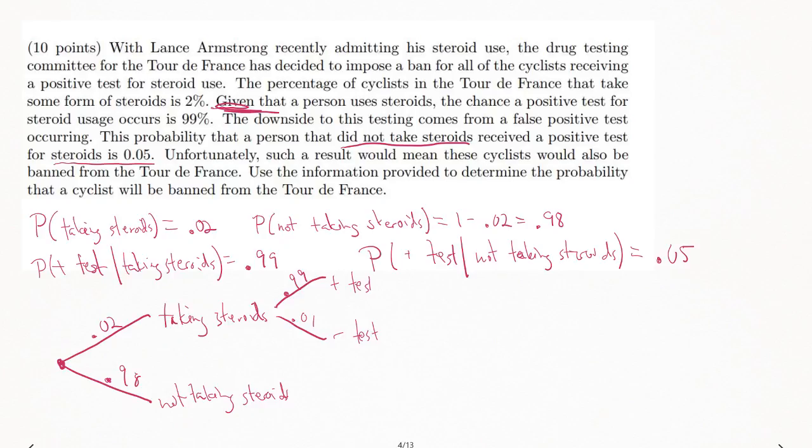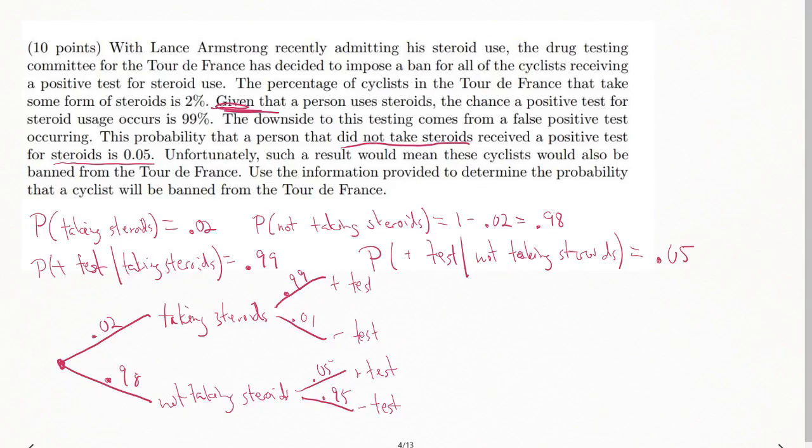Okay. So now for not taking steroids, the sad side of this is that some people do get positive tests. Not all tests are perfect. In fact, there's always going to be some sort of error involved. And so notice that makes 0.05 here, and then our negative test is 0.95 in this case.